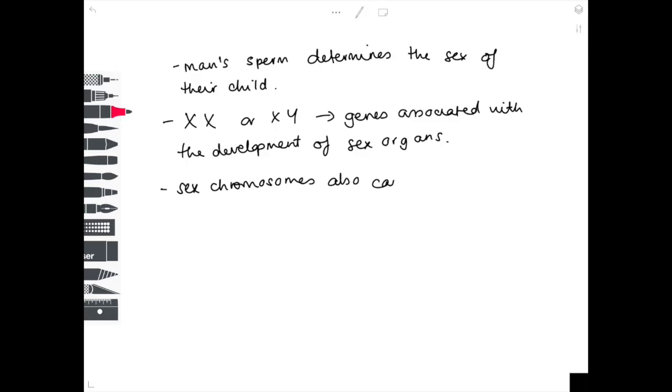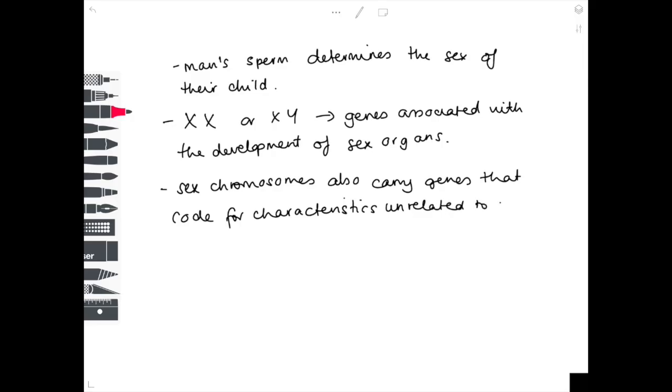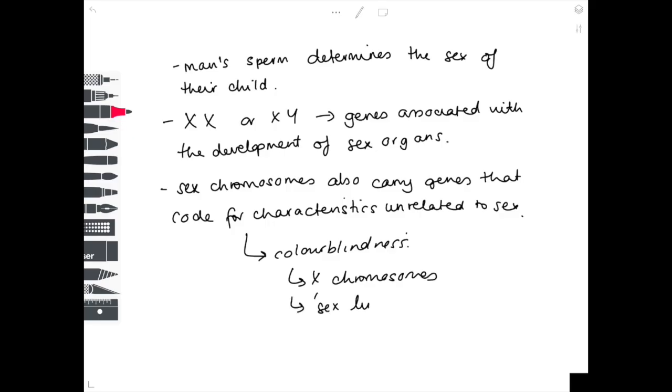So the sex chromosomes also carry genes that code for characteristics unrelated to sex. And a very famous example of this is colour blindness. So that's whether you can see in full colour or not. And because it's carried on the X chromosome, so a sex chromosome, we say weirdly that colour blindness is sex linked.